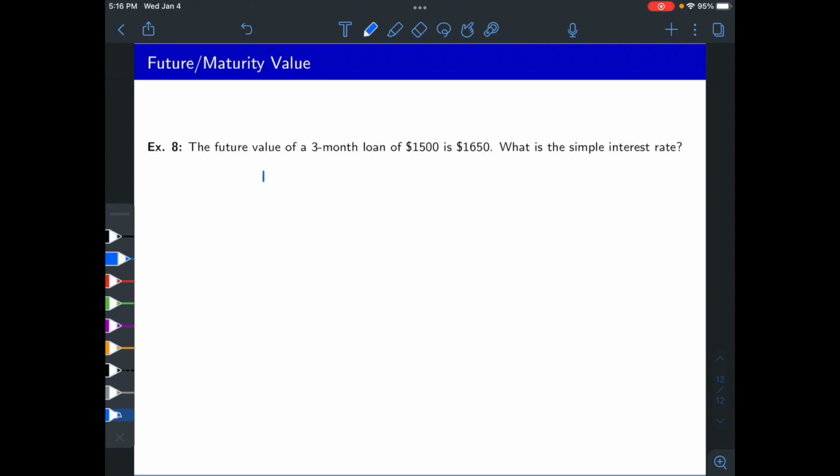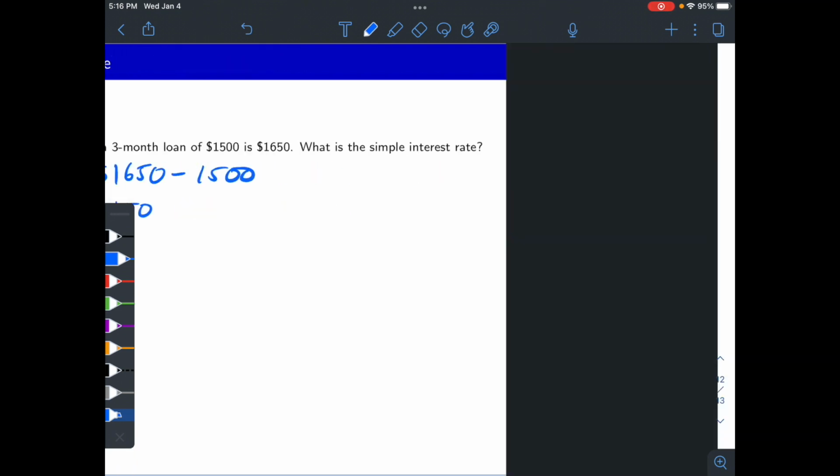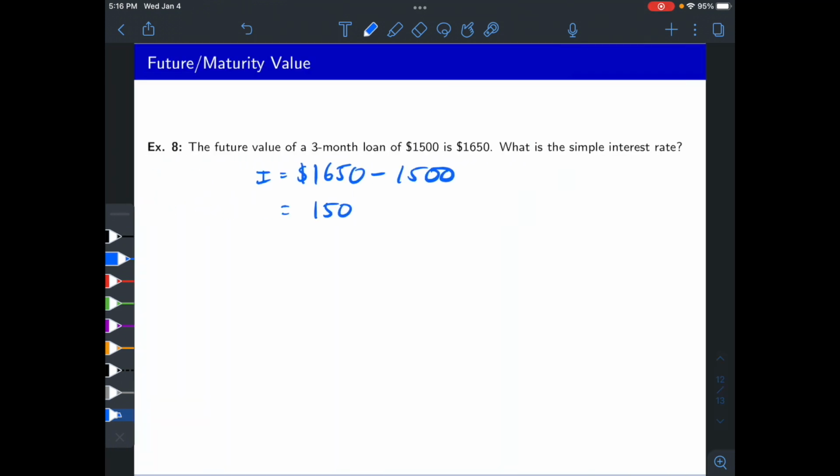We can first say our interest is how much money we made off the principal. We started with $1,500 and ended up at $1,650. So the interest is $1,650 minus $1,500, which is equal to $150. So we made $150 interest.